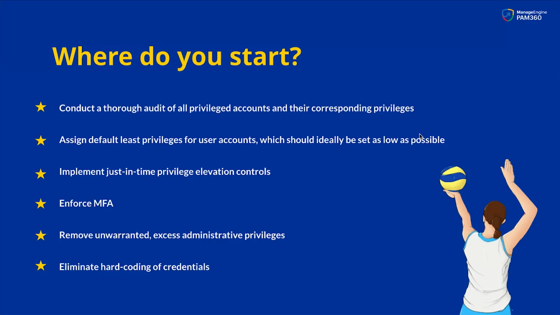Removing unwarranted administrative privileges is also something where you can focus on, to not give administrative access to users who only temporarily need it. And all the other stuff that you've seen here is something where you can start as the first step to achieving NIS2 compliance, right?